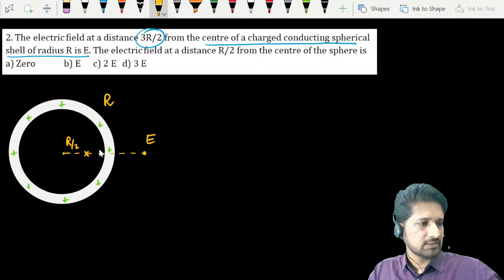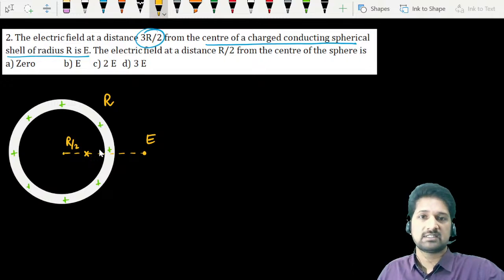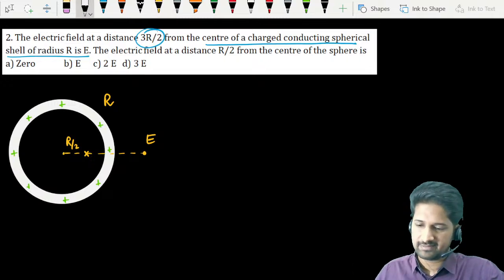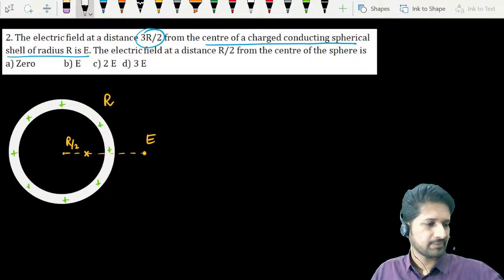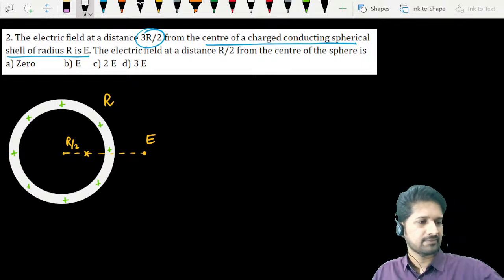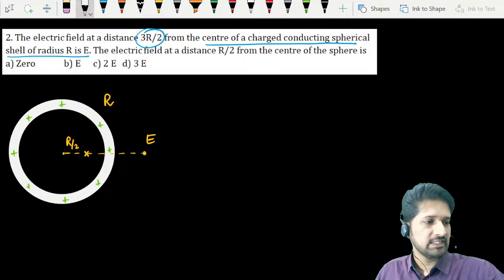Can one of you quickly respond in the chat? How much is the electric field inside a uniformly charged spherical shell? Electric field inside a uniformly charged spherical shell.